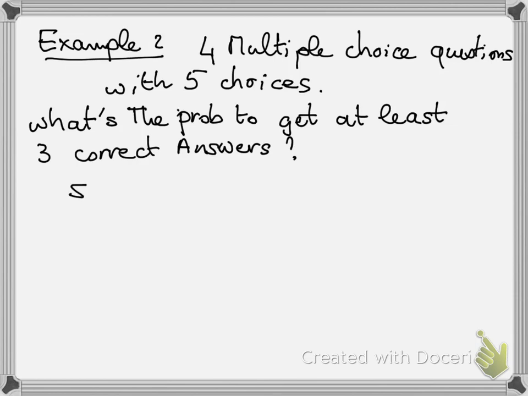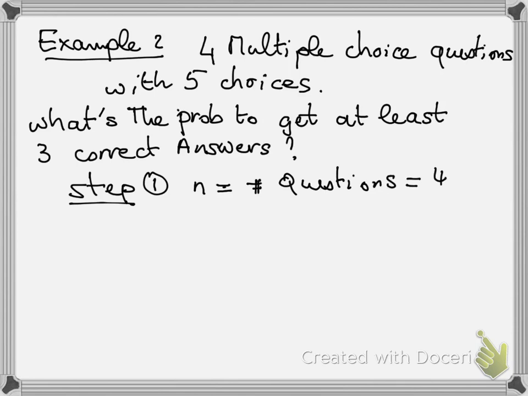So first, step 1. Again, we're going to write down what's N, what's R, what's P, and what's Q in this example. So N, how many trials? That's the number of questions. We have 4 questions, so the number of trials is 4. Now, what's R here? What's the number of successes? What's the probability to get at least 3 correct answers?